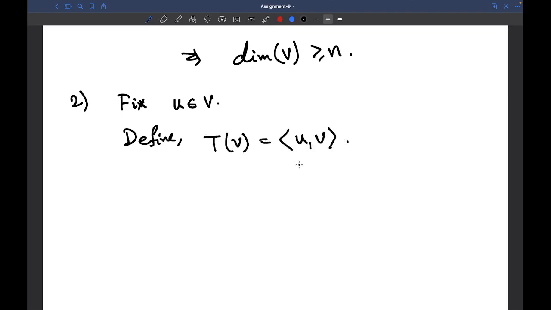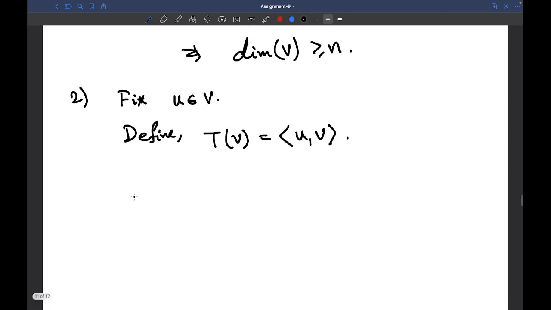You have to check this is a linear transformation or not. So first for the linearity, what will be checked? We have to check the first one, T of v1 plus v2. It will be u inner product with v1 plus v2.